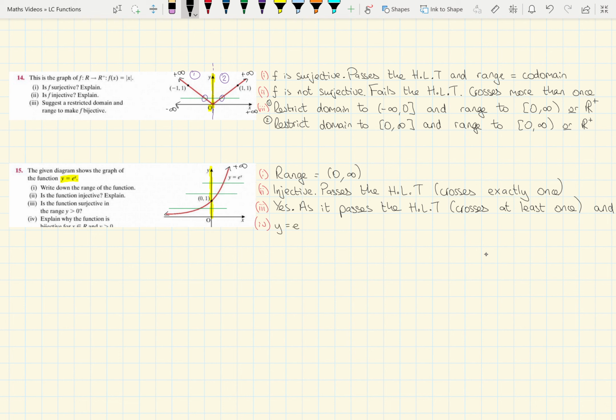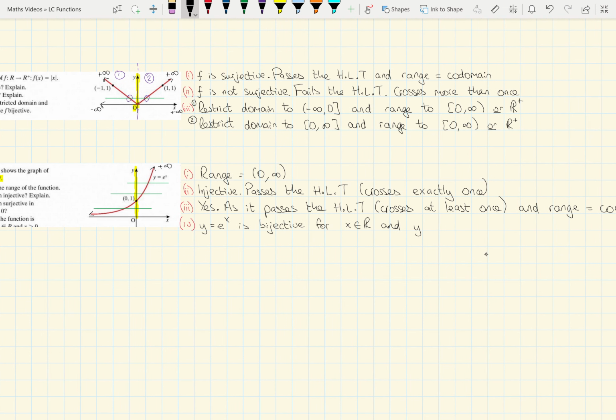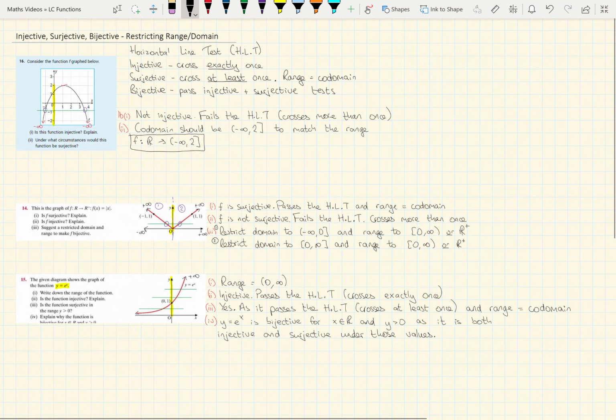So y equals e to the power of x is bijective for x is an element of R as it's both injective and surjective under those values. Okay, and there's those questions done.